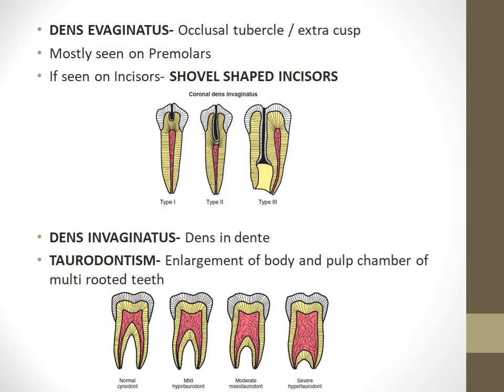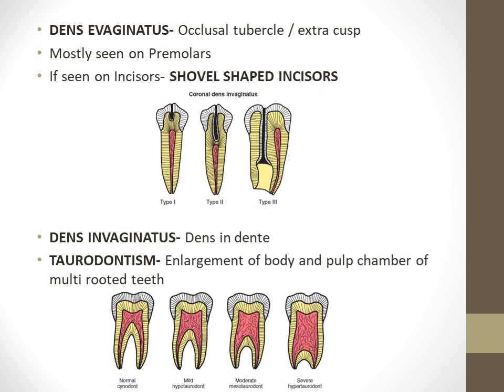Next, moving on to dens evaginatus, which means an extra cusp or extra projection is seen on the tooth. This is also called occlusal tubercle or extra cusp. Mostly this is seen on premolars. If dens evaginatus is seen on incisors, they are called shovel shaped incisors.